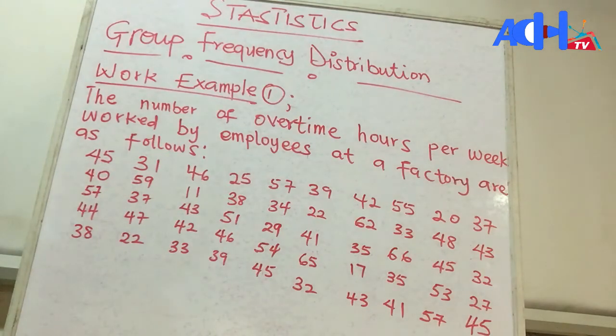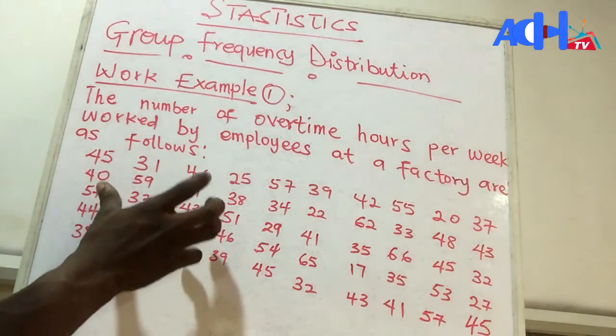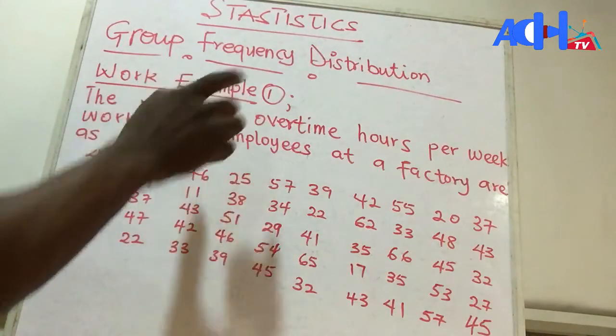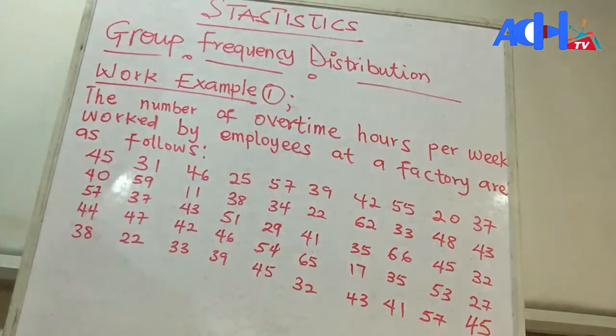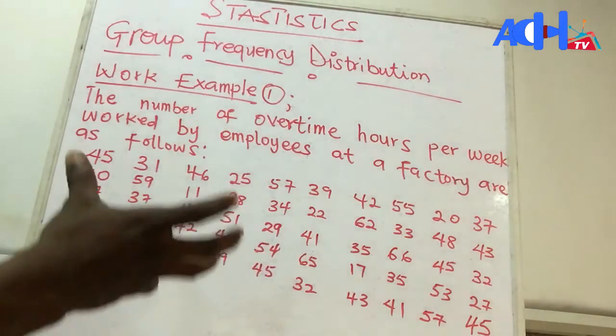So looking at this example given, as work example 1, it says the number of overtime hours per week worked by employees at a factory are as follows. They gave us the large range of values, as we were saying.